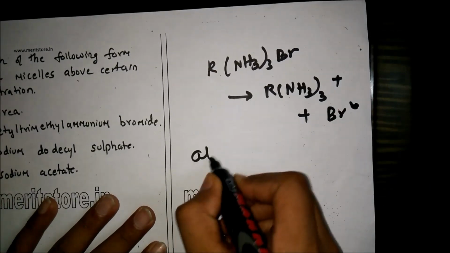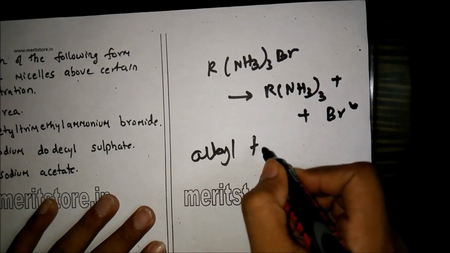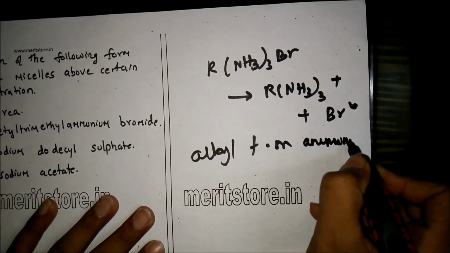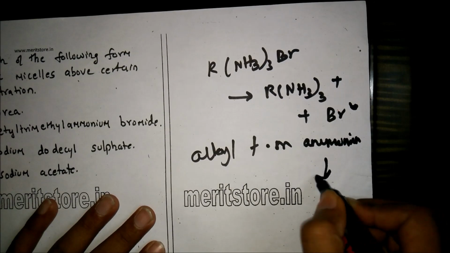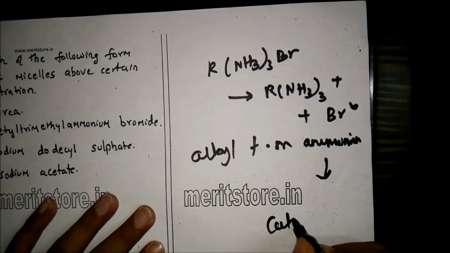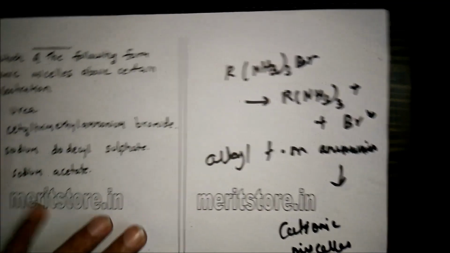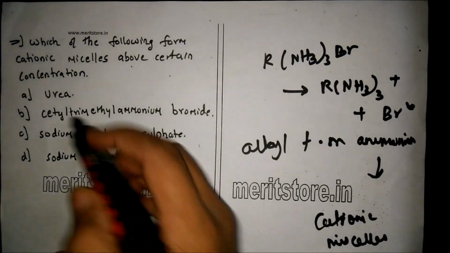Therefore, here alkyl trimethyl ammonium aggregates to form cationic micelles. Therefore, here the correct answer is option B.